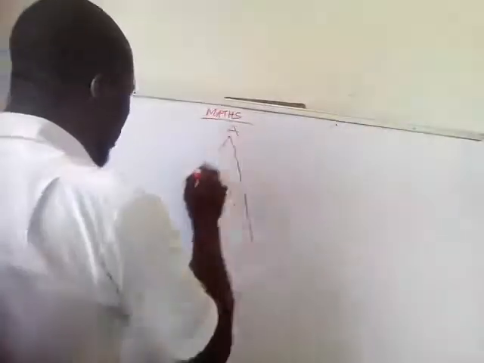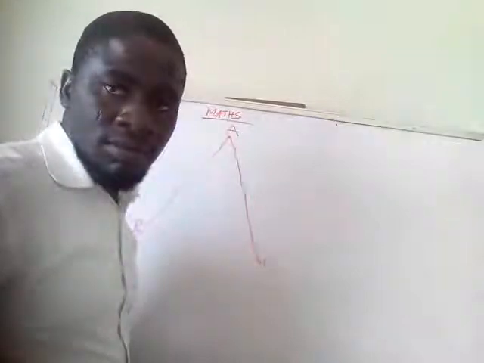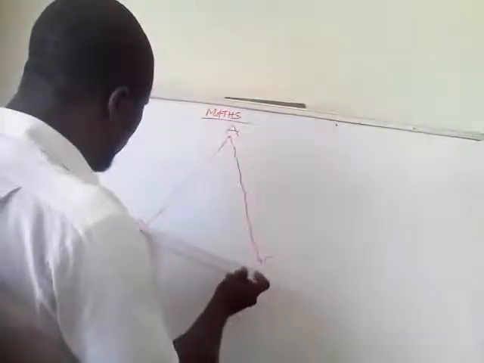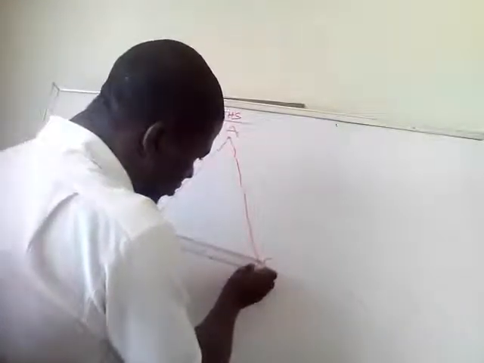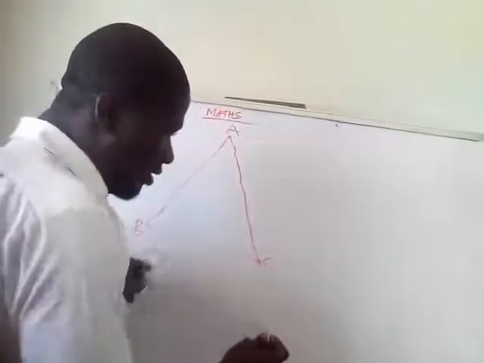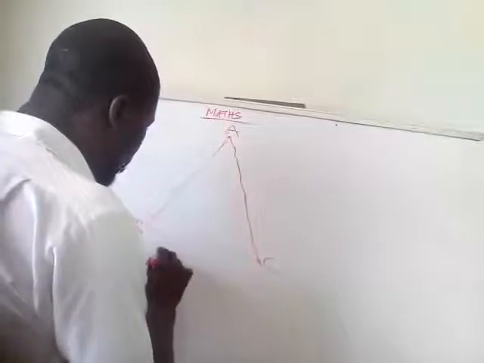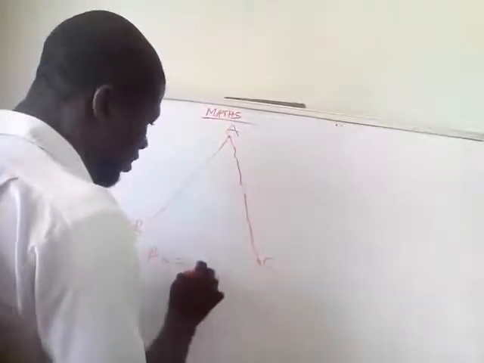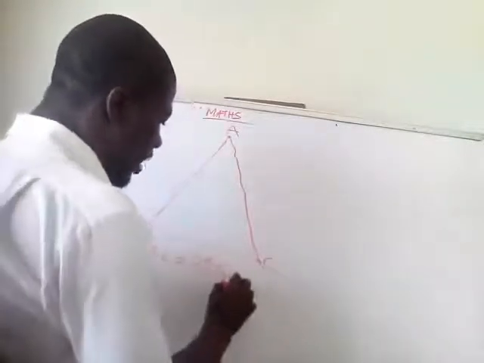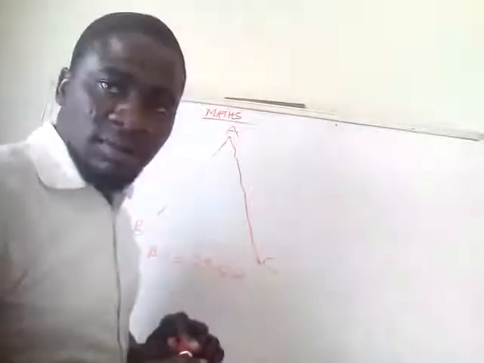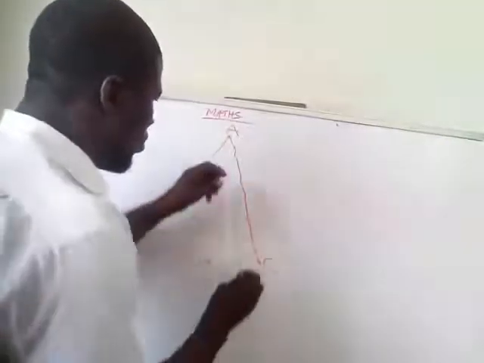First of all, you name them A, B, and C. Now you measure. This gave me 29.5, that's BC. BC gave me approximately 29.5. Line BC is equal to 29.5 cm, that's the unit of length.